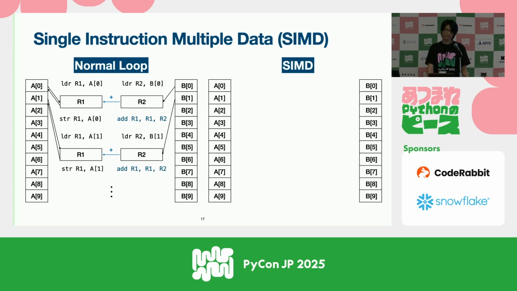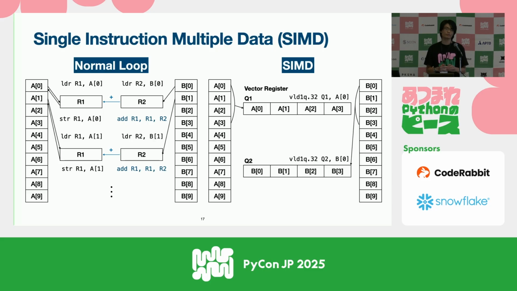With SIMD, what can we do? We can load multiple data into a specialized vector register that contains multiple values, and with only one instruction do the addition or subtraction, also in one instruction for element-wise addition, then store them back to the memory, and so on.